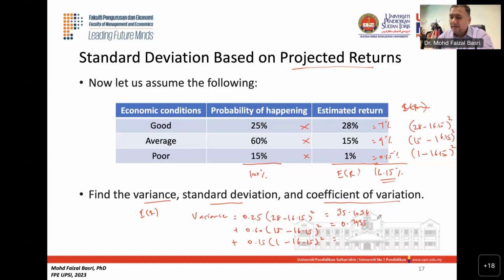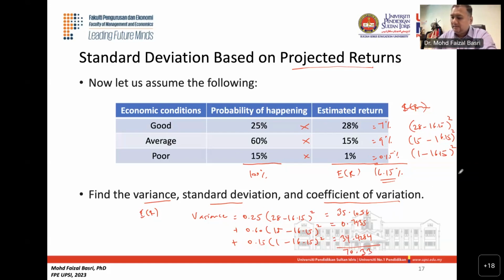And the third one, 34.4284. So when you add all three, you get 70.33. Okay, 70.33. So this is your variance.